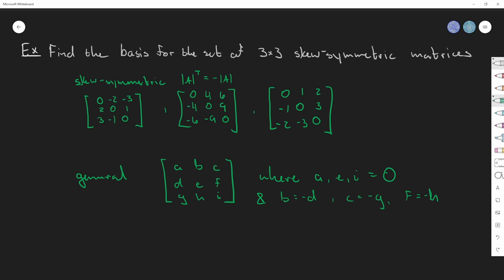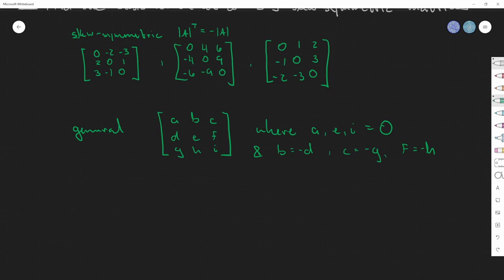Now we can begin substituting these variables back into the general matrix, and it'll make our lives much simpler.